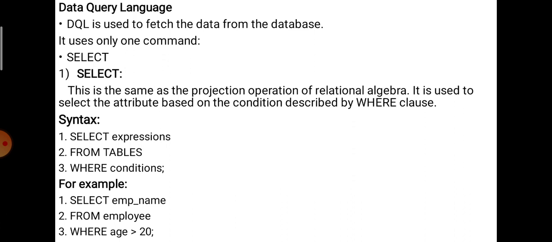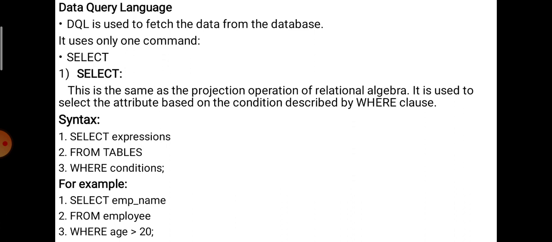Next command is data query language, which is used to fetch the data from a database. It has only one command, that is select. Using this command we can select the records from the database in different ways or different views, okay. This is the same as the projection operation of relational algebra.